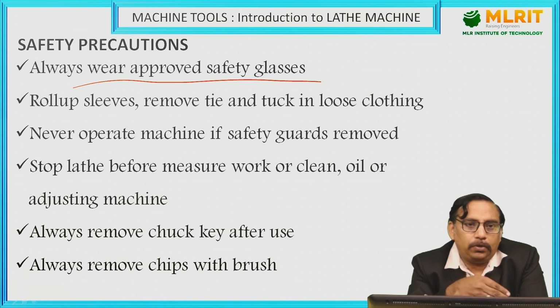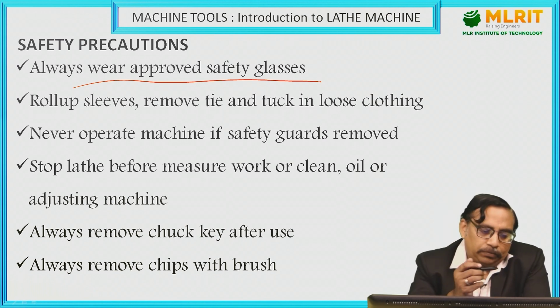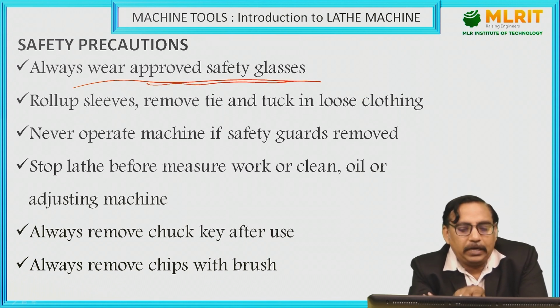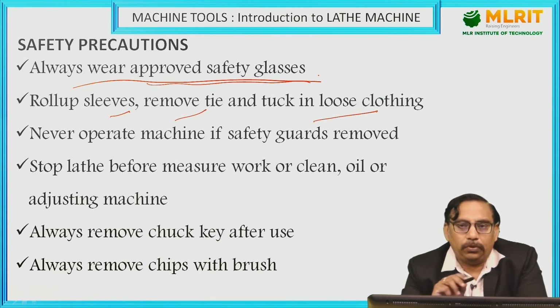So nobody can expect in what direction the chip sheared from the original workpiece will fly. To safeguard our eyes, we are supposed to wear approved safety glasses, and we should roll up our sleeves, remove ties and tuck in loose clothing.